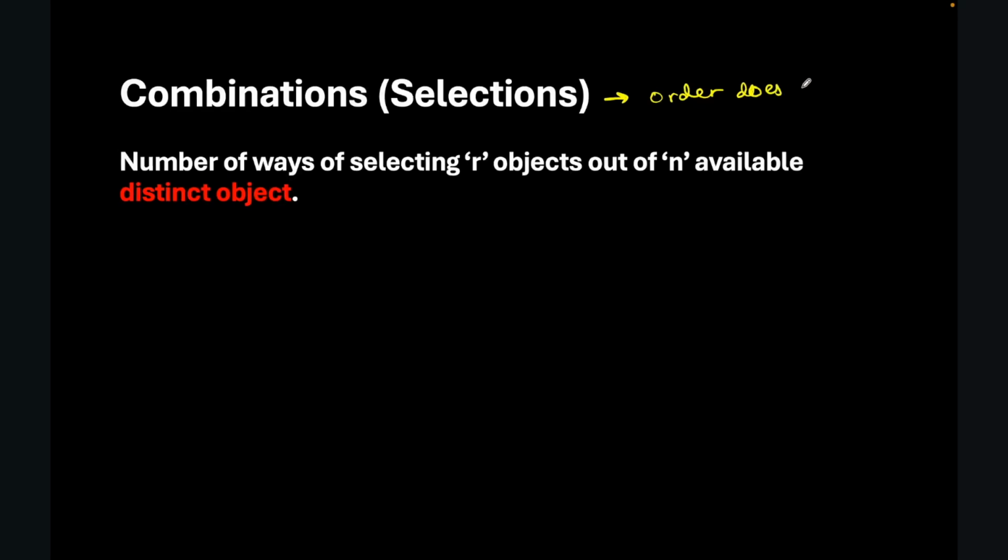So let me give you examples, so it's easier to understand what's actually happening. In combinations, we're not really caring about which came first or which came second, as long as they were selected.